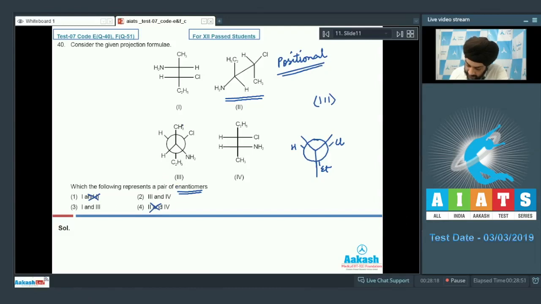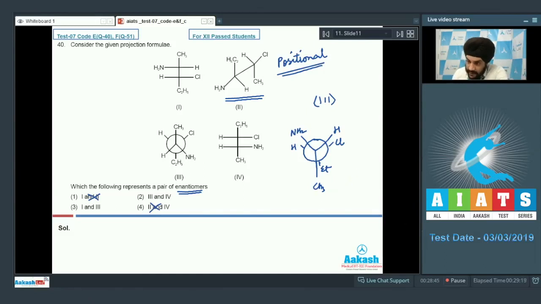Now we have rotated the front carbon by 180 degrees. So the methyl group will reach the bottom. The H which was present at the left will now be present at the right. And the NH2 which is present on the right will reach up till here and it will be present on the left. So this is the Newman representation. We have just rotated the front carbon by 180 degrees.